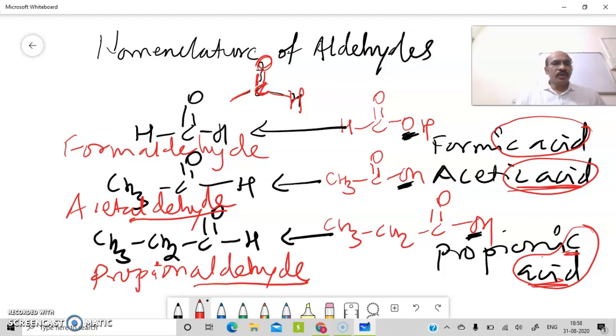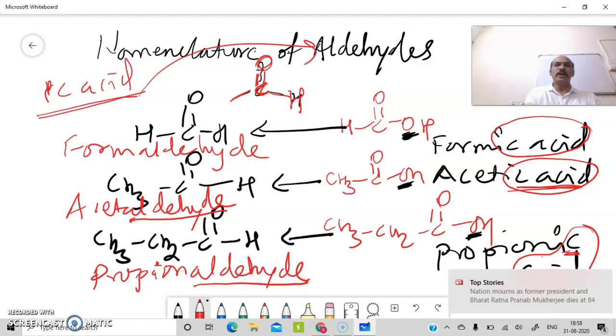So this is the common name system. The name of an aldehyde is derived from the corresponding carboxylic acid by changing the suffix ic acid to aldehyde.